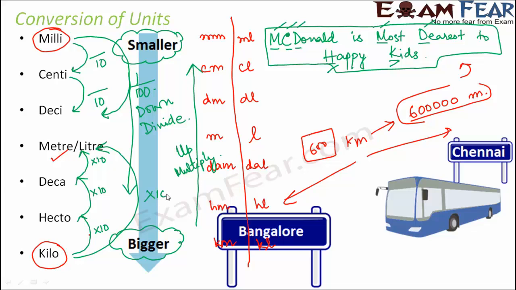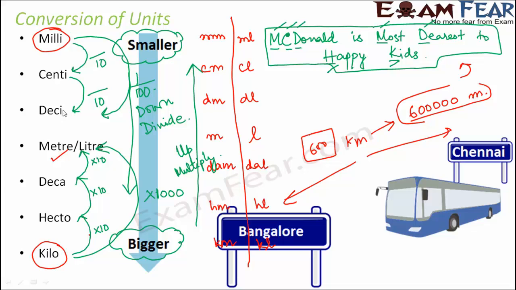So you will multiply by 1 followed by 3 zeros, that is 1000. Similarly, if you want to convert from kilo to deci, there also you will multiply because you are moving upward. With 1, 2, 3, 4 steps, therefore 4 zeros. So you will multiply it by 10,000.